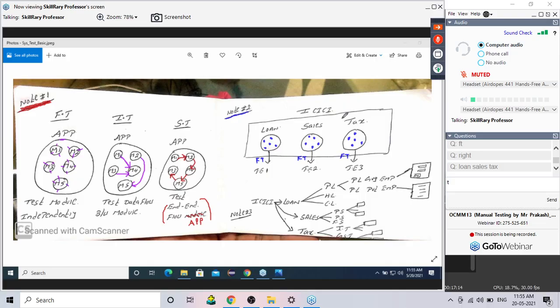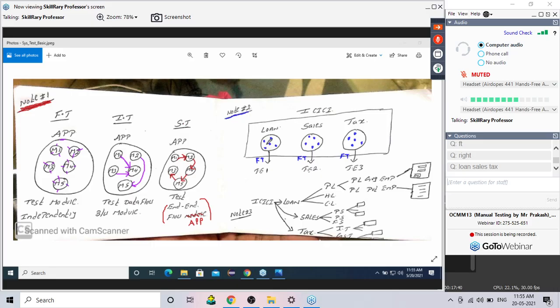Who should do it means test engineer. Test engineer, I also know. Any testing is done by test engineers only. Who should do it? Test engineer 1 will do it alone. Okay, you tell me.